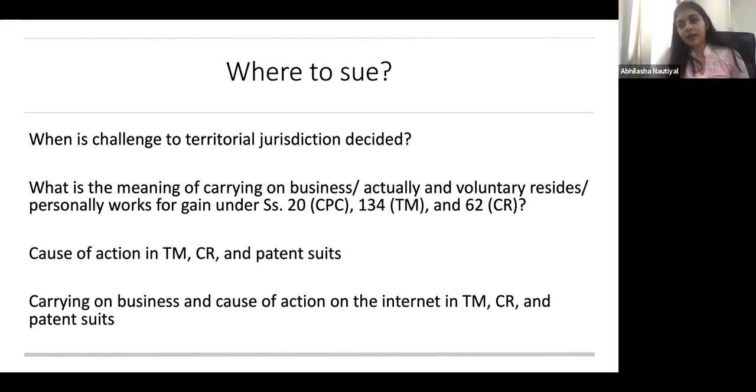At the time of filing of the lawsuit and pre-trial, the question of territorial jurisdiction is decided only as a demurrer, which means the pleading has to be considered, what is said in the plaint and what is made out as a case for jurisdiction. As long as the pleading is there, a suit will not be returned on the basis of lack of territorial jurisdiction.